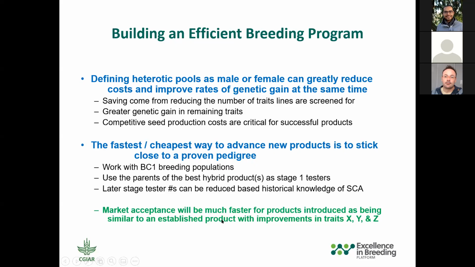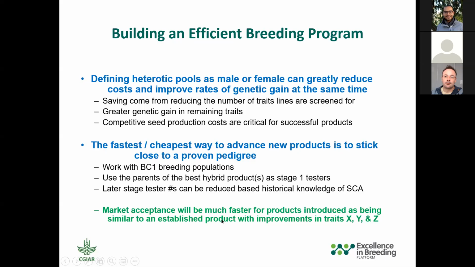And this happens because the savings comes from reducing the number of traits that any individual line is screened for. Okay, and when you do that, you have greater genetic gain in the remaining traits. And for sure, in any of these hybrid programs, competitive seed production processes are critical. So you need to have a good focus on the ability of a line to be a male or female parent.